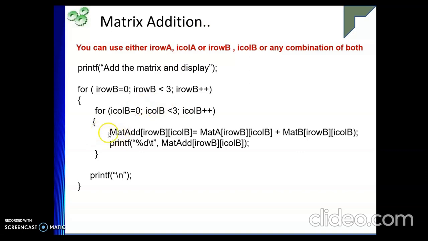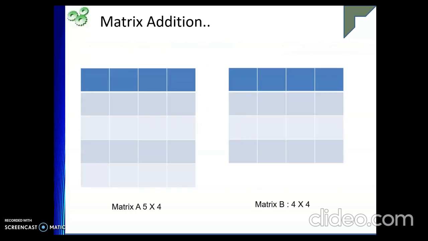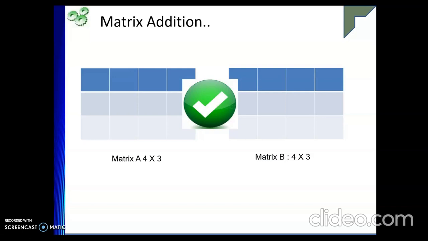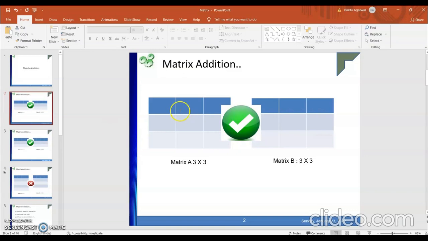So then simply matrix add at row i, column i is equal to matrix A plus matrix B, right? Let me show you like this. If I am storing here 2, here 3, here 4, and in the other matrix 2, 3, 4, right?